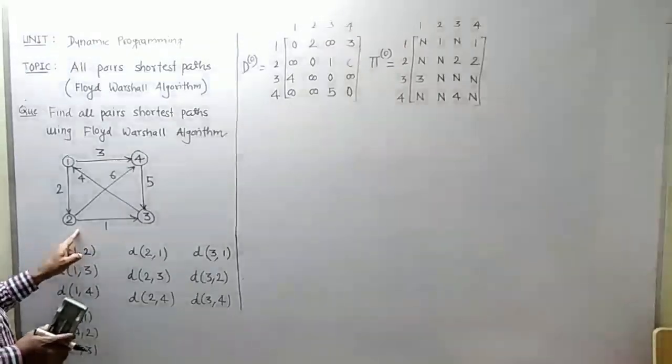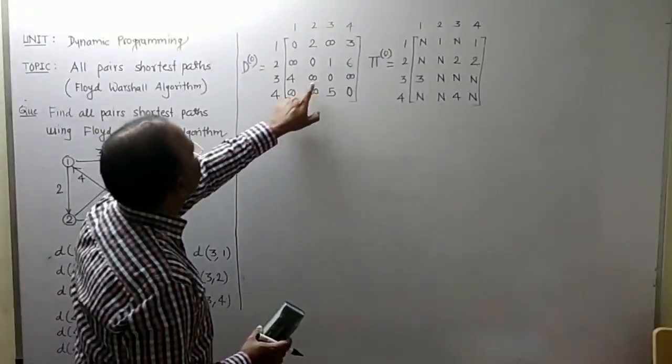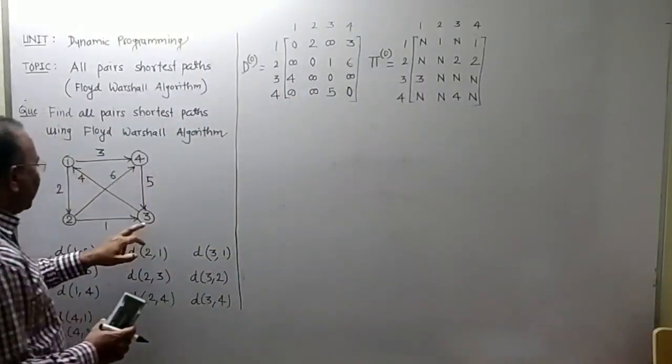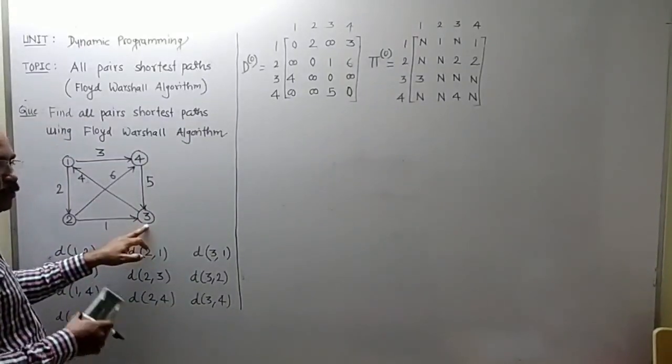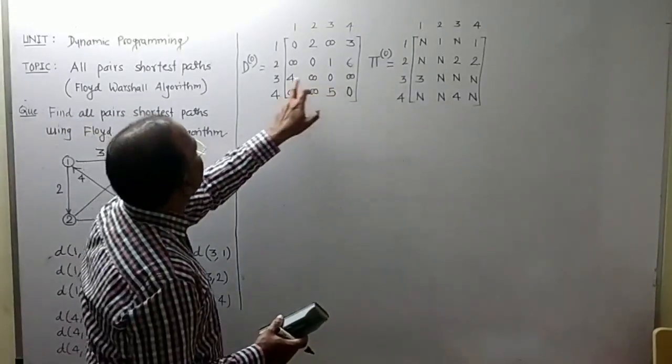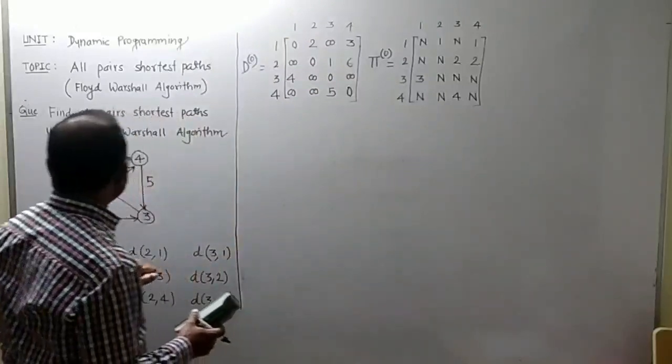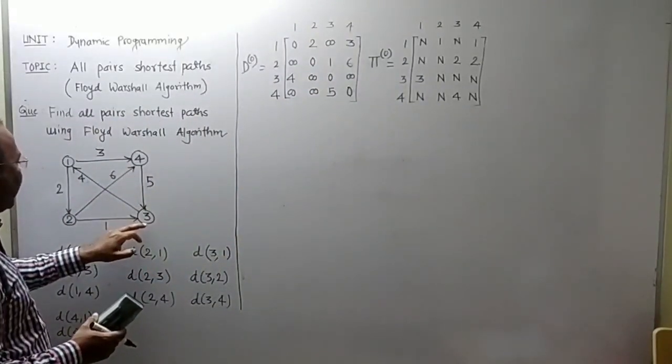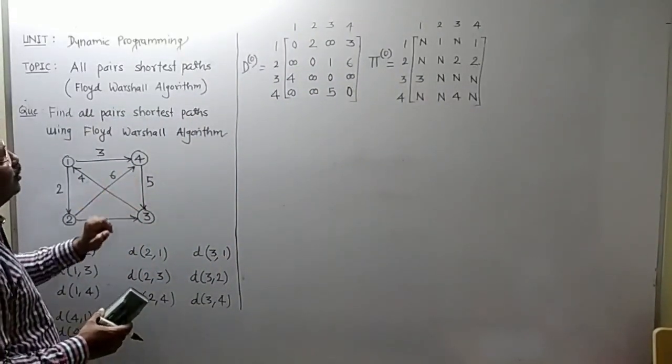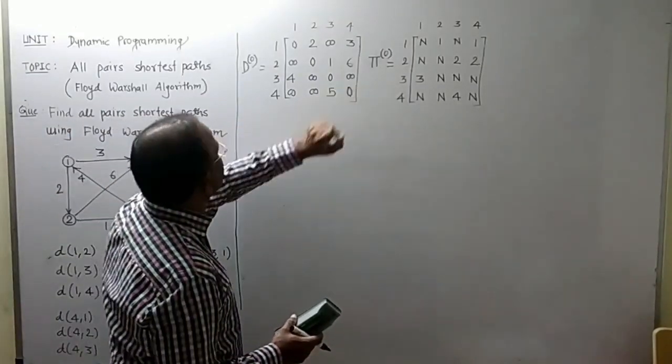There is no direct distance, so infinity is specified. Then 3 to 3, naturally the distance is 0. Then 3 to 4, there is no direct distance from 3 to 4, so infinity is written.